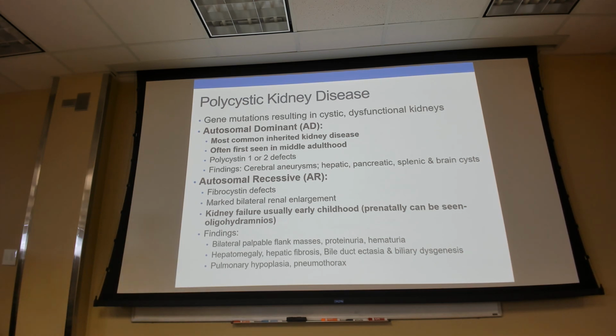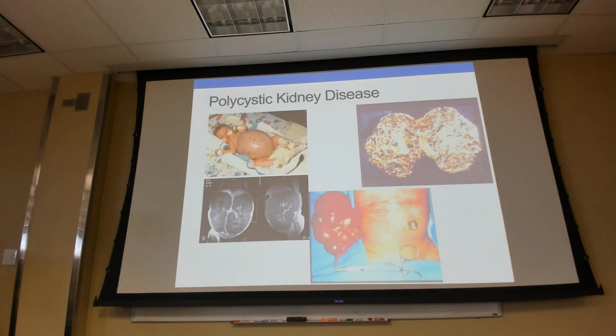So they come out very, very sick, gigantic flank masses, proteinuria, hematuria, all the works, and these kiddos go to the NICU. You'll see a picture of that. This is how big they look. It takes up the entire abdomen, and you can see it on CT. It's super, super gigantic, but it doesn't function really functionally at all. So these kids are lifers for urology, nephrology, and most of the time a dialysis.